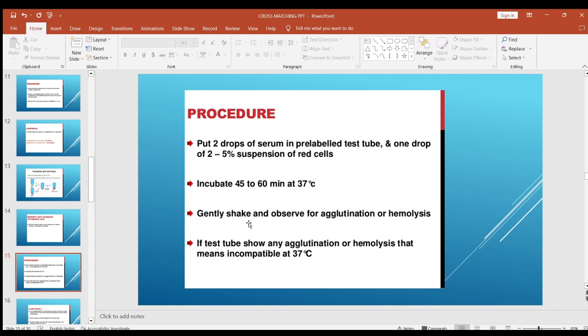Next, gently shake and observe for agglutination or hemolysis. If the test tube shows any agglutination or hemolysis, that means incompatible at 37 degrees centigrade.